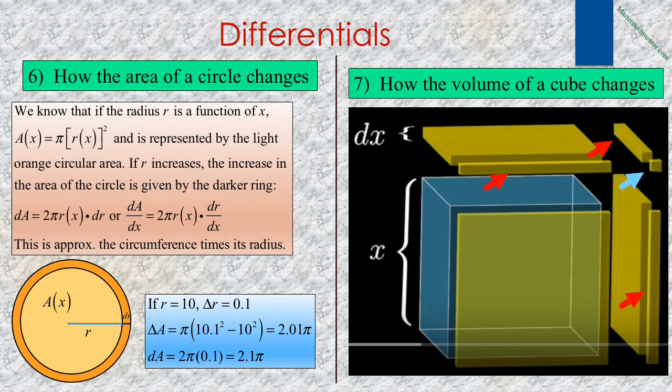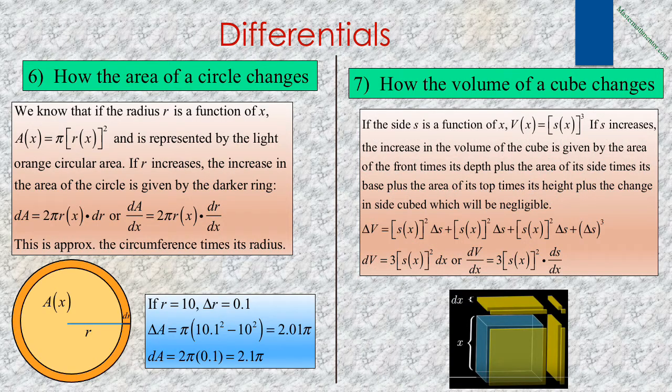There are 3 rectangular solids shown by the red arrows that have been added to the original volume of the blue cube. There is also a tiny cube that has been added, shown with a blue arrow, whose volume will be negligible. And since we are approximating the change in volume, we discard it.